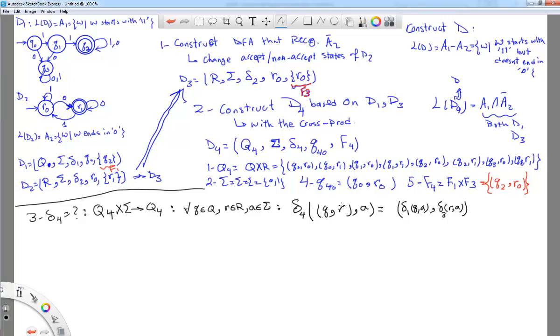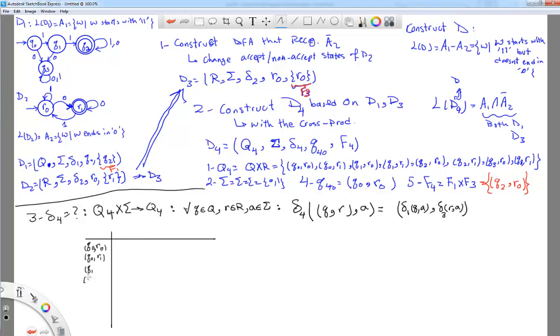So we have 8 possible pairs of states and 2 possible inputs, 0 or 1, and then we're going to compute the set of these states. So the way that calculation will go is, effectively 8 possibilities for our states. So we would have Q sub 0, R sub 0. Let me write these with ordered pairs too.